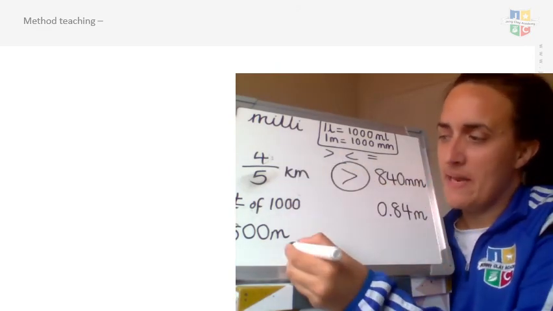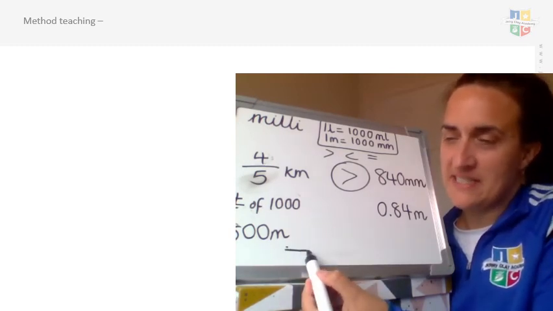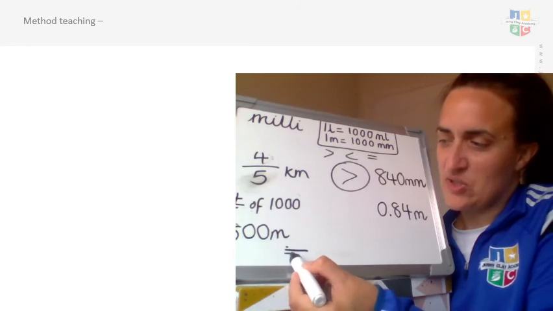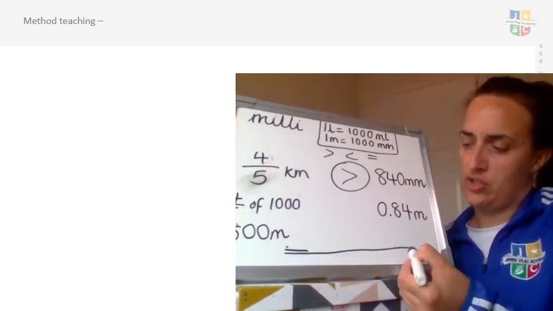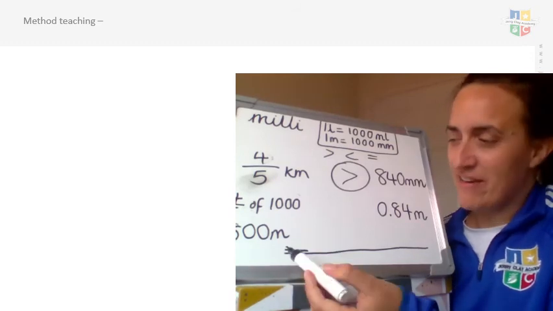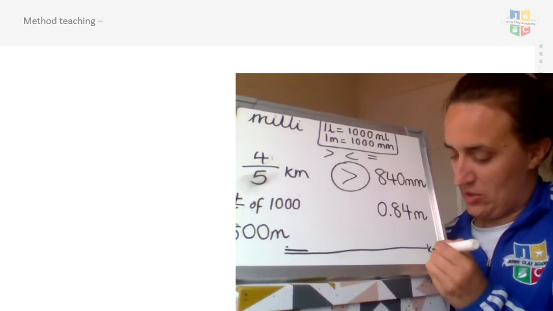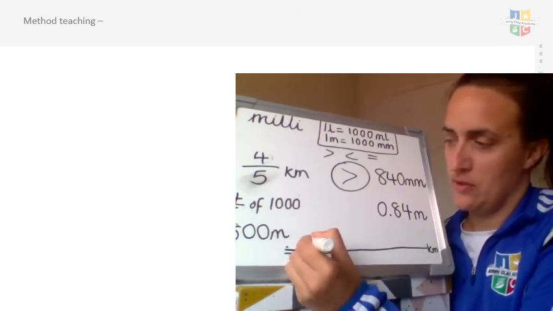So we've got to remember that millimetres are tiny. Metres, there's 1,000 millimetres in a metre, and there is also 1,000 metres in a kilometre, so kilometres are huge.